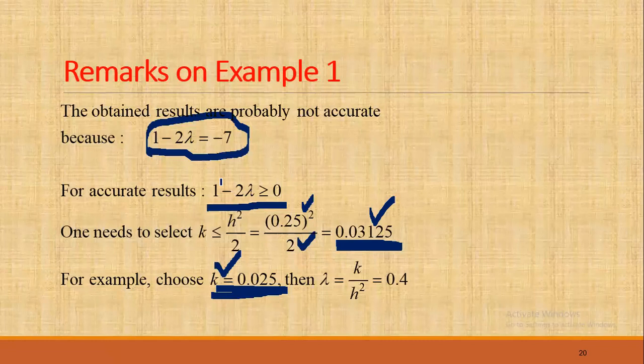So basically when we use the explicit method, this is important: how to choose the h value and the k value. This is very important, because without checking 1 minus 2 lambda, if we consider k and h randomly, then we can't get the accurate answer.